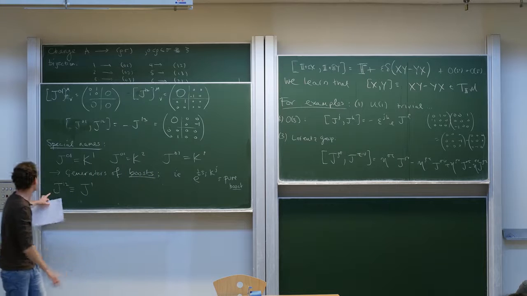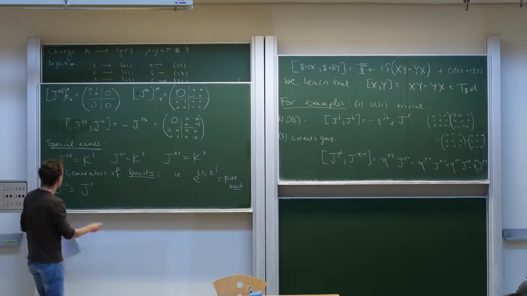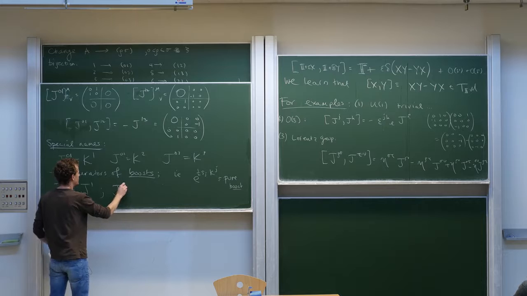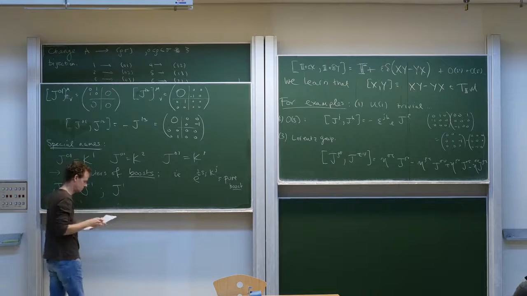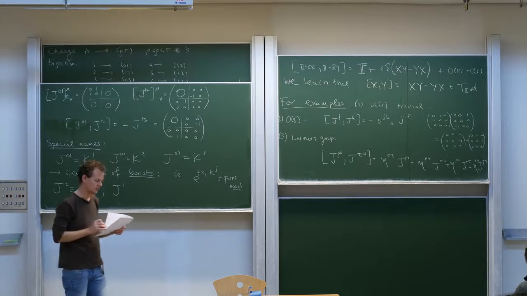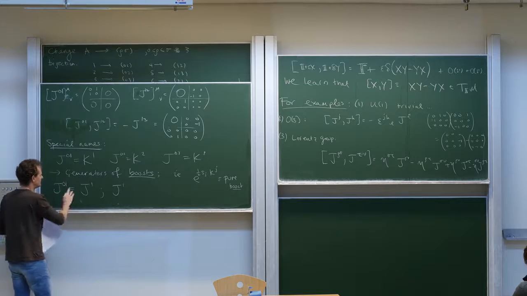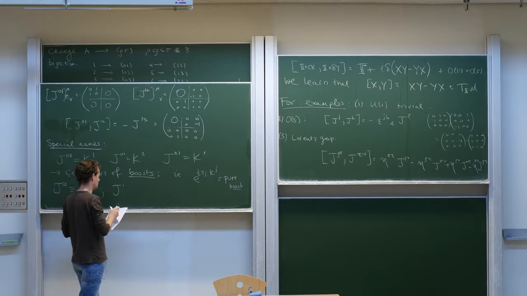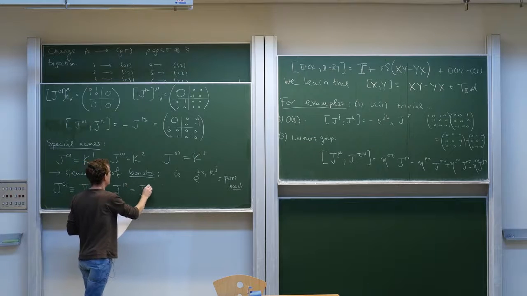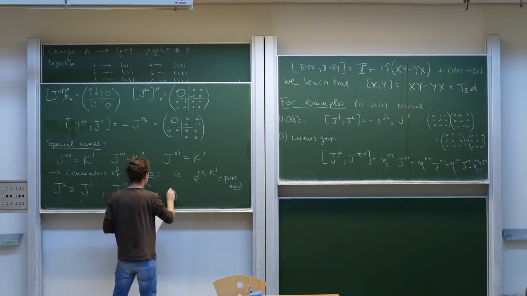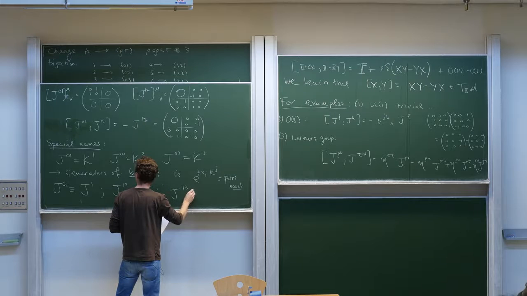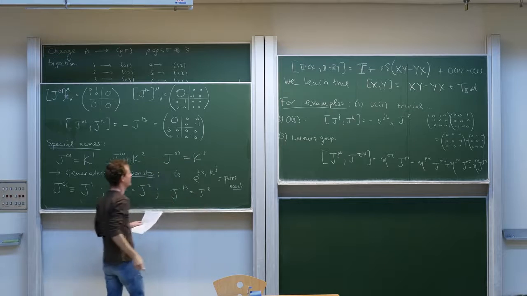And then there are the generators of rotations. J12 is called J1. J23, sorry about that. J23 is J1. J13 is J2, and J12 is J3.